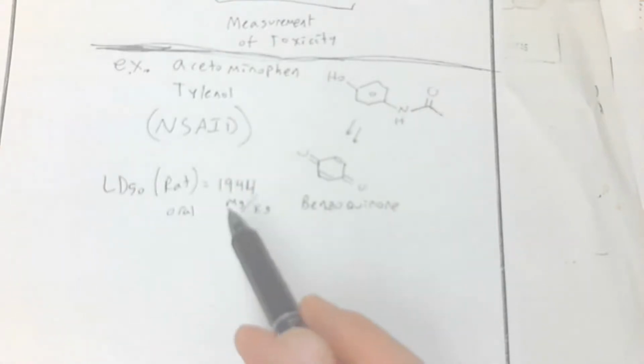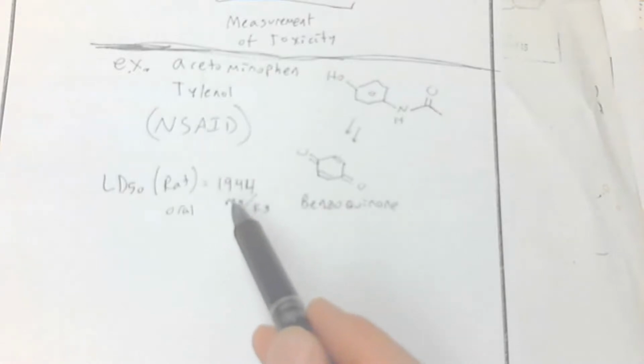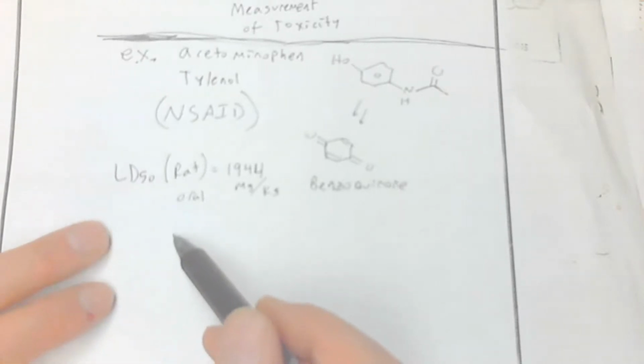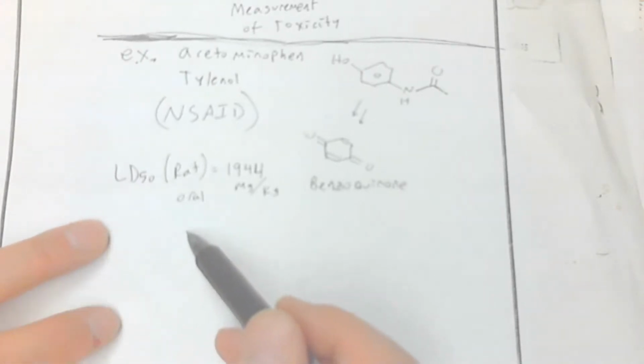Taking a drug intravenously, you would actually get a higher dose, and probably the lethal dose would be a lower dose, because as drugs are taken orally, a lot of the drug never gets absorbed into the bloodstream. Okay.